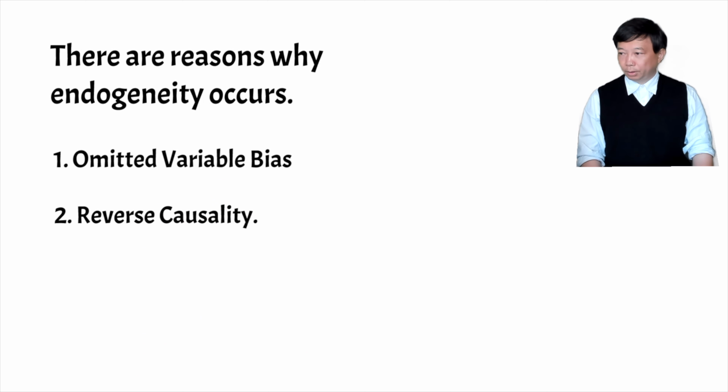Suppose we are interested in the causal effect of alcohol abuse on the probability of being unemployed. We regress the employment status on the alcohol abuse measure and find a significant coefficient estimate. However, we suspect that unemployed people are more likely to be addicted to alcohol than employed people.